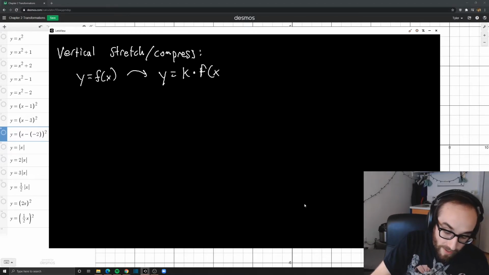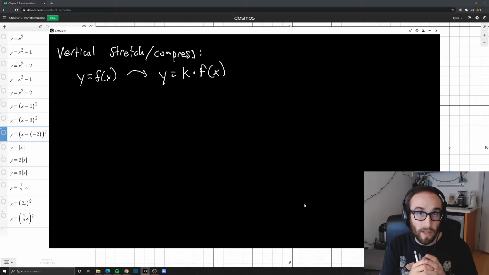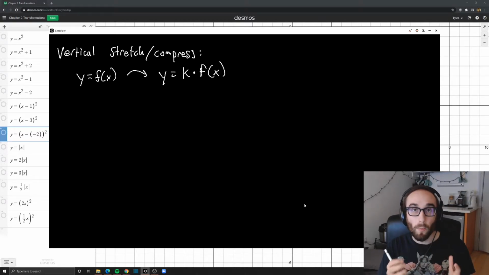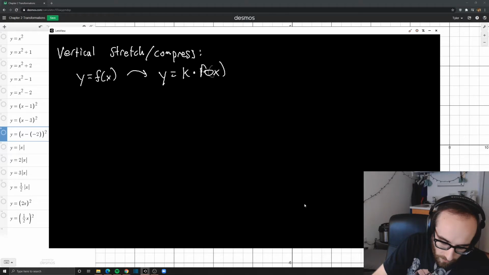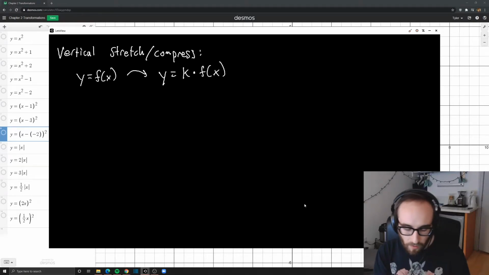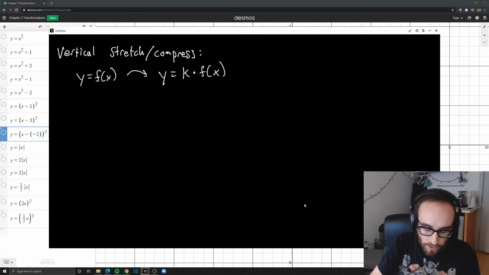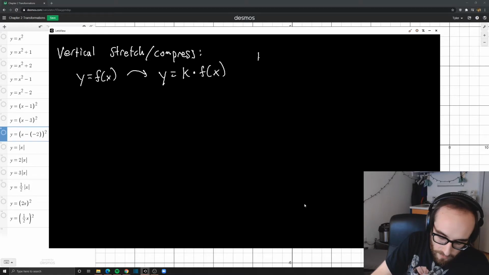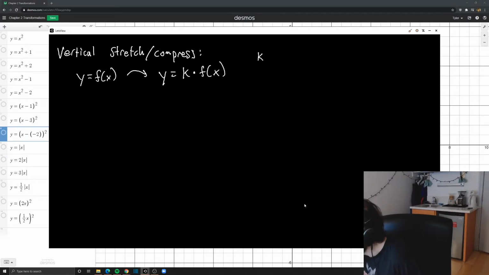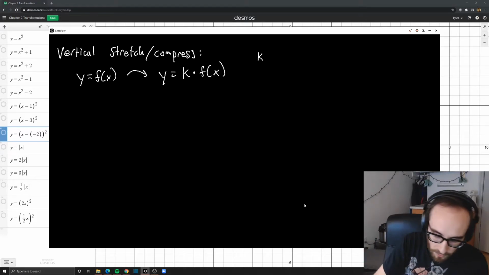Again, this is outside of our function, so we're not just multiplying the input, we're multiplying our output. Then we end up with a vertical stretch or compression, and we can tell if it's a stretch or compression based on k. So if k is greater than 1, then it's a stretch.